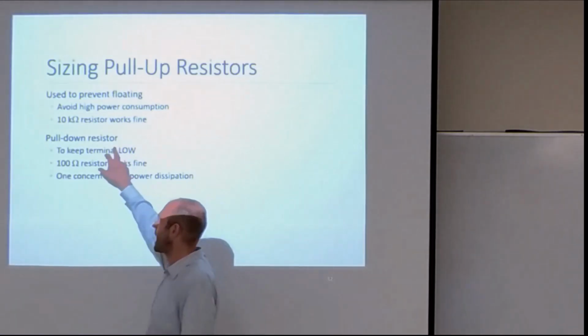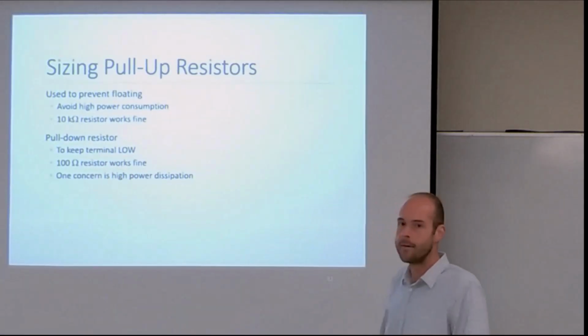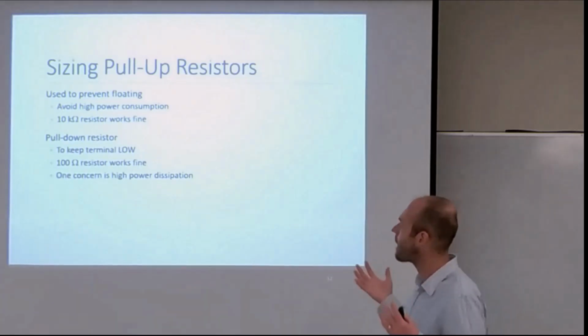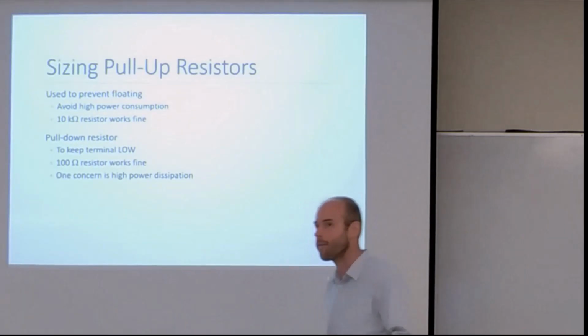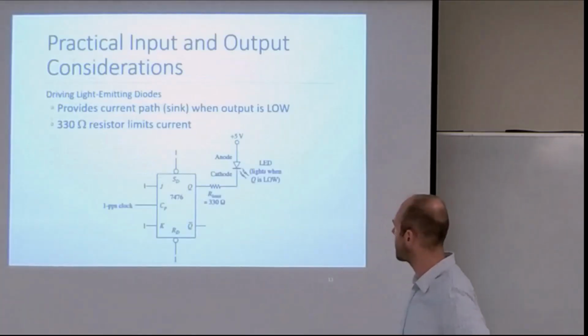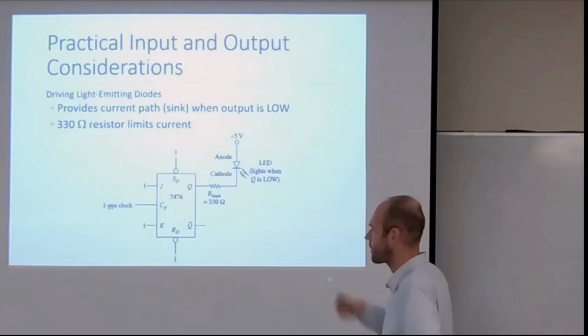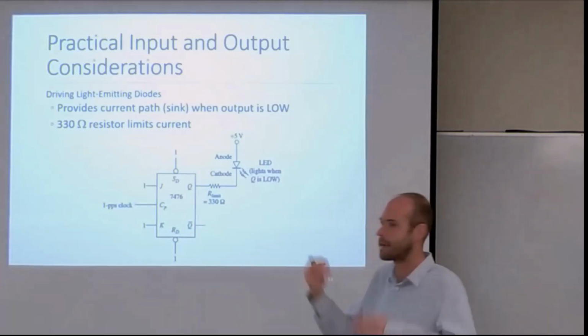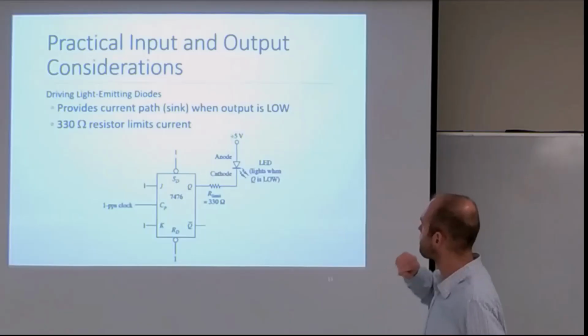There are pull-down resistor configurations as well. I would say just in my own experience, I come across that a lot less. We tend to have pull-up activation with active going to ground when we hit the button, for example, and then it stays in its high state when we're not hitting the button.